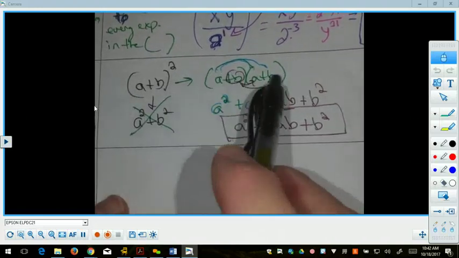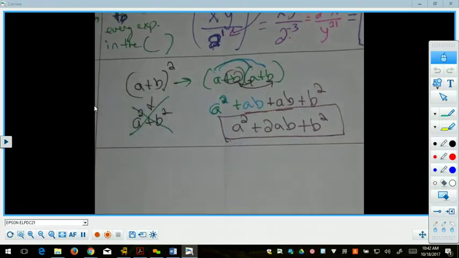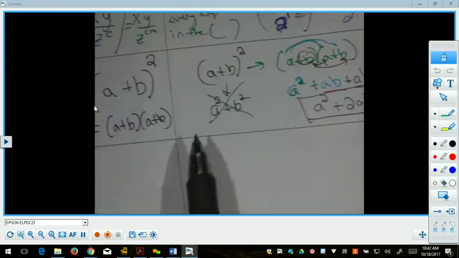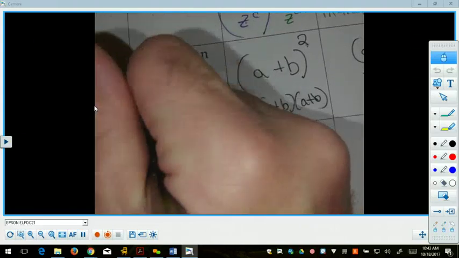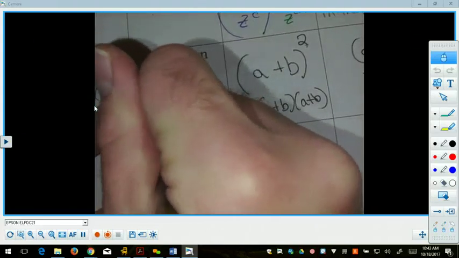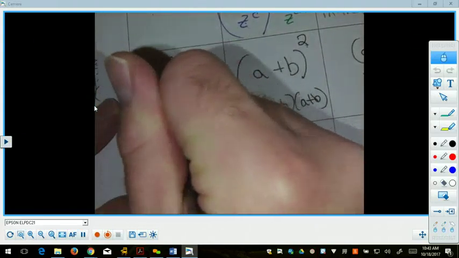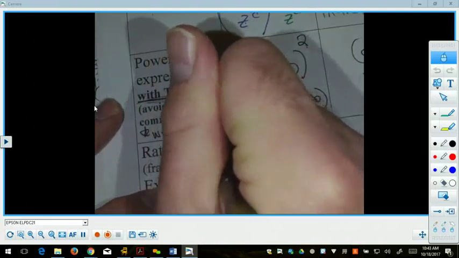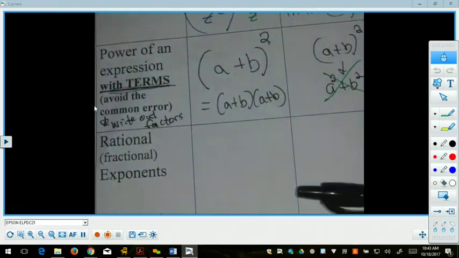I have to expand it. I have to write out how many factors. So the tip for this, to avoid the common error, you need to write out the factors. And then you can remember to use your distribution property for the terms themselves, not for the exponent.